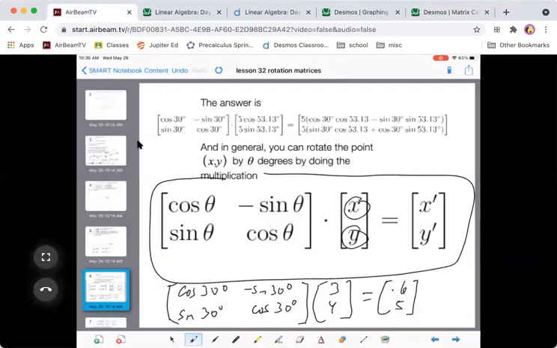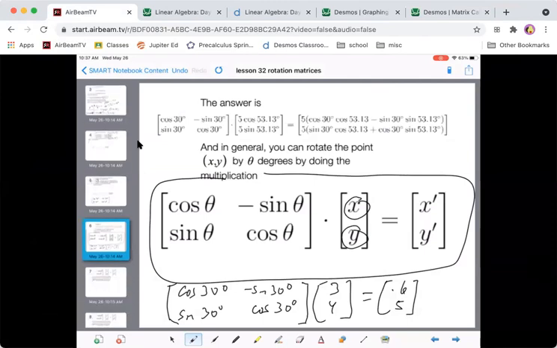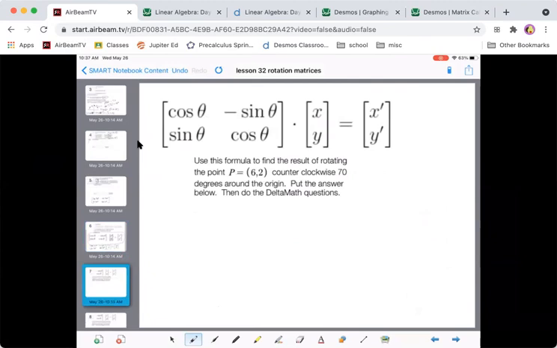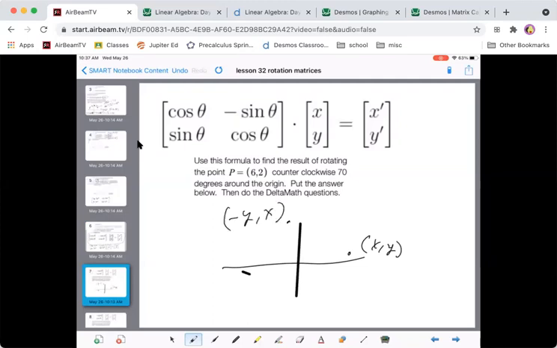Okay, well, that's what I wanted to show you for today. The big thing of the day is that there's this formula for doing rotations. It agrees with our, remember when we did rotate by 90 degrees? When you rotate by 90 degrees, you get to minus y, comma x, and the rotation matrix was xy goes to minus y, and the y coordinate turns into x.